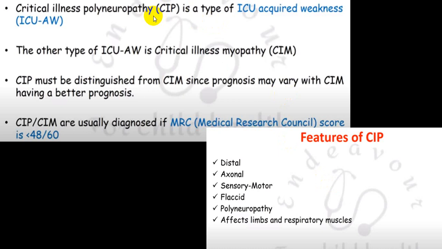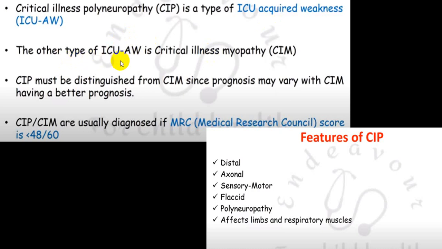Again, critical illness polyneuropathy is a variety which you will see very frequently in an ICU. We call it ICU acquired weakness. So very frequently a person is admitted to ICU, and on the second or third day you start having some sensory symptoms, and the person starts developing a critical illness polyneuropathy.